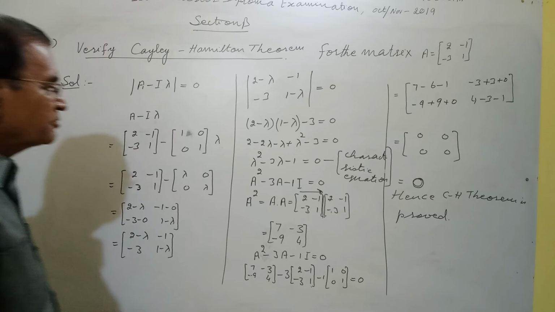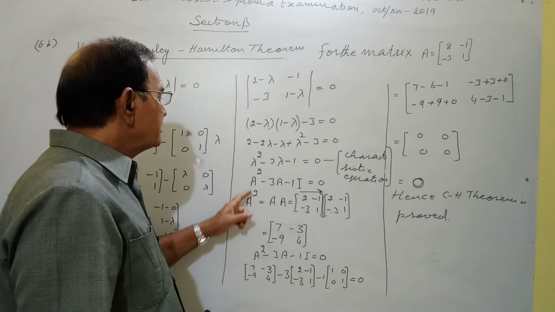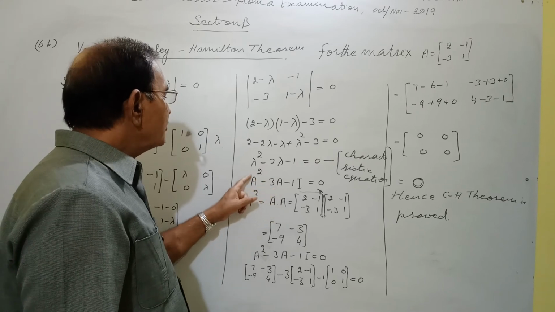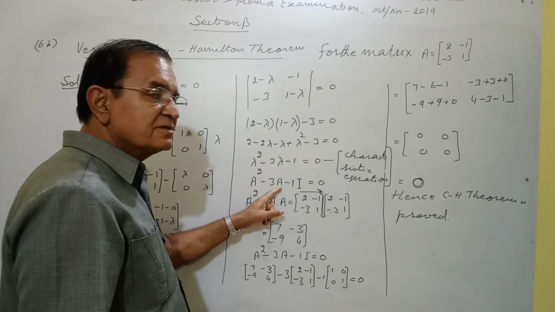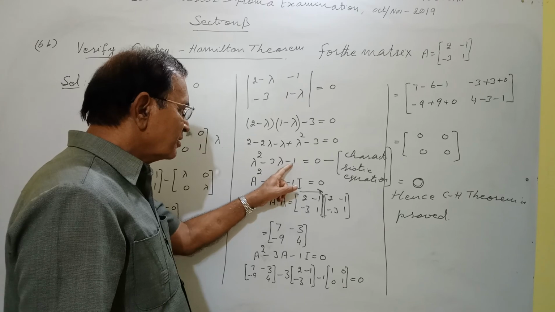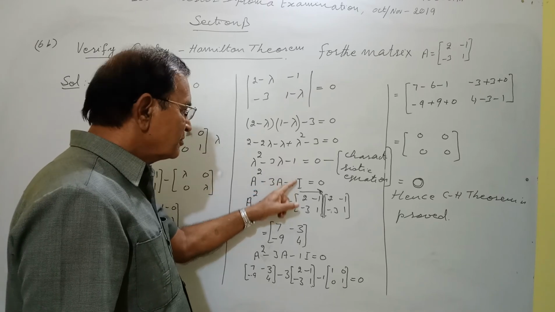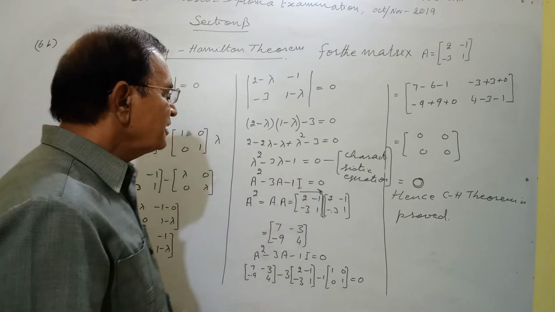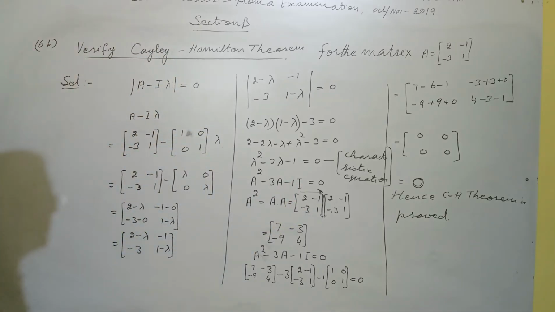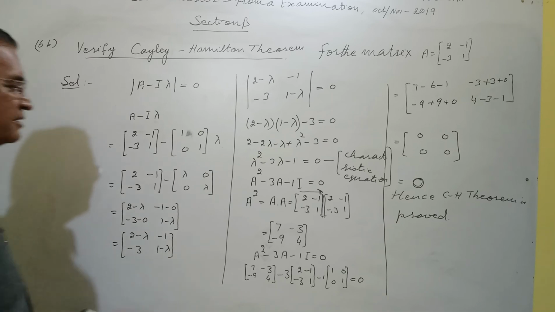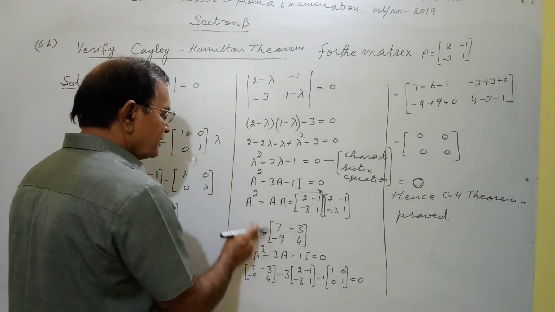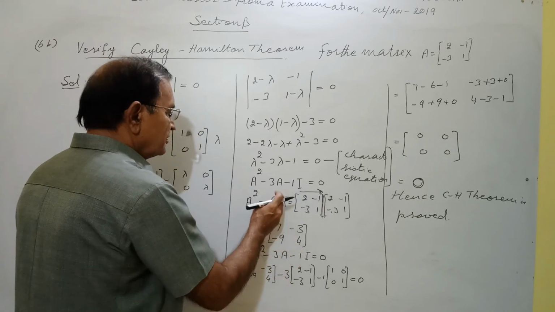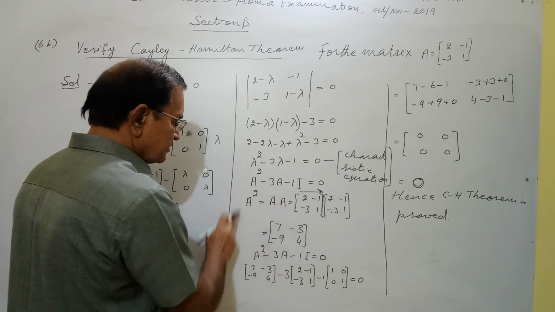To convert it into CH equation, just convert this lambda to A. As now we are dealing with the matrix, we can't deal with the number. So this number is multiplied by I, that is an identity matrix. So it should come out to be 0. Then find the value of A square, that is by A into A by multiplying. Then put all these values here.